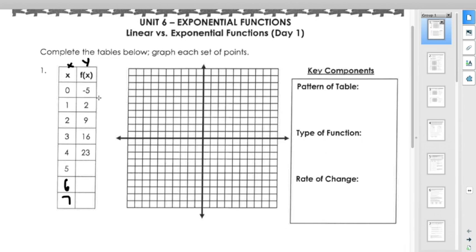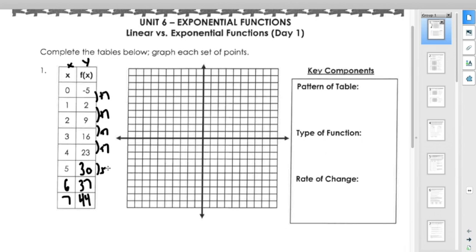So each time for the y values, we're going up by 7. Guessing we're going to keep the pattern going: 23 add 7, I get 30. 30 add 7, and then 37 add 7 is going to be 44.